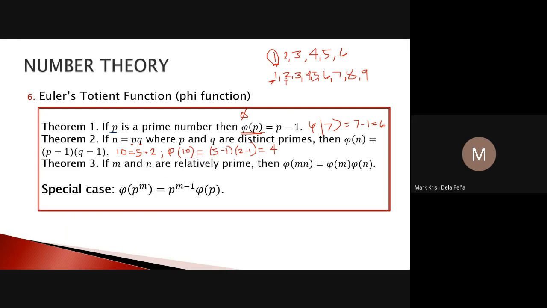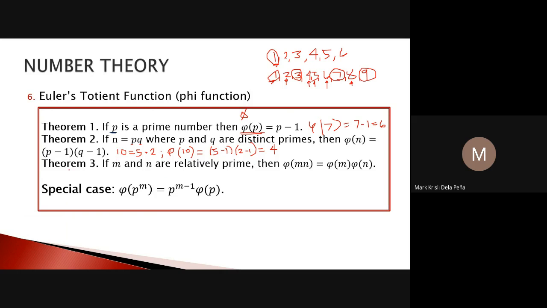And they share the same factor, which is 2. 3 does not divide 10, so that's 1. 4 and 10 have a common factor, which is 2. 5 is a factor of 10. 6 has a common factor with 10. They are not relatively prime to 10 since it has a factor of 2. 7 doesn't share the same factor with 10. 8 does, 9 doesn't. So you have 9, 7, 3, and 1. So there are 4 numbers relatively prime to 10.